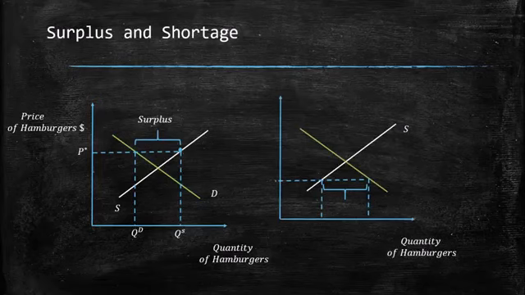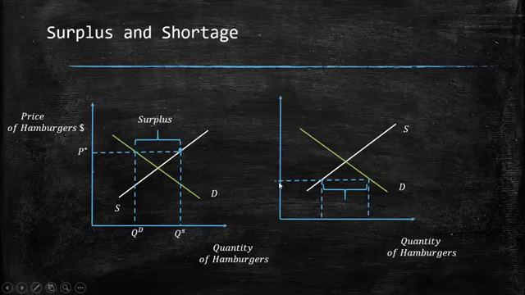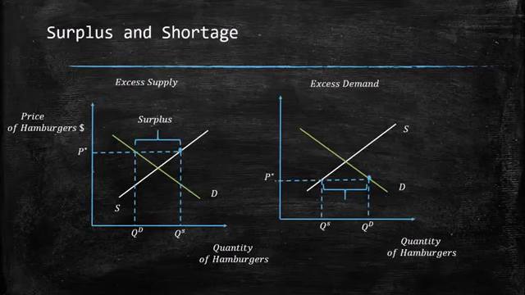In the other case, we have the same demand and supply, but if you see here, the price is lower than the equilibrium price. So in this case, because the price is so low, the demand side is going to consume a lot. But on the other side, because the price is so low, the suppliers are going to offer just low quantities, so this part is going to be excess demand, so this is a shortage.